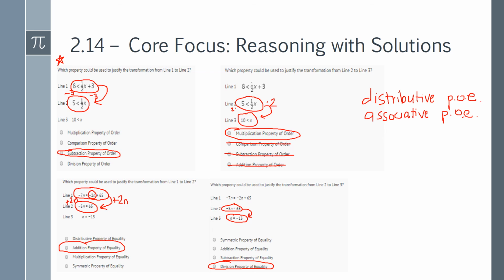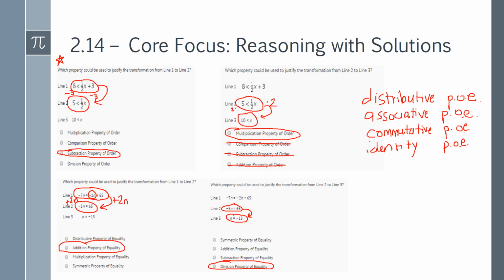Associative property of equality. Let's see, there's commutative, which is the actual property that says I can go in any order with addition. There's the identity. The identity property of equality is the one that says I can add 0 or I can multiply by 1 and they don't change the identity.